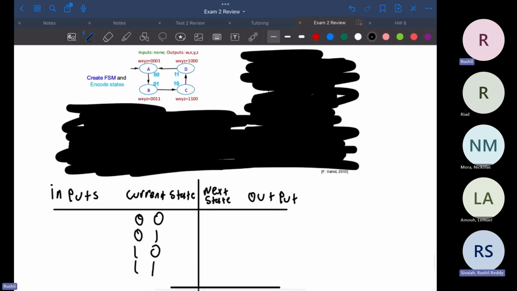So then our next state. If we look at that state diagram, if our current state is 0 0, where will our next state be? Correct, it'll be 0 1. Make sure you pay attention to your arrows.